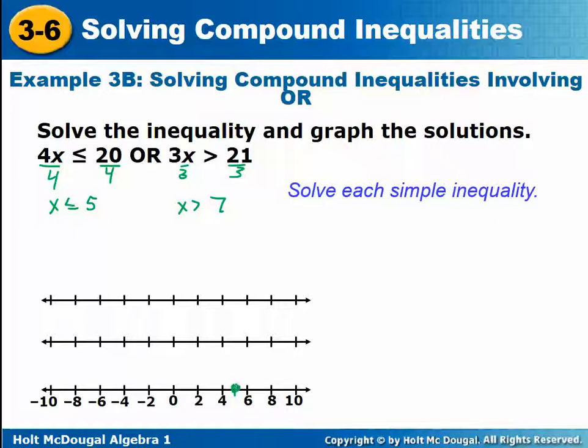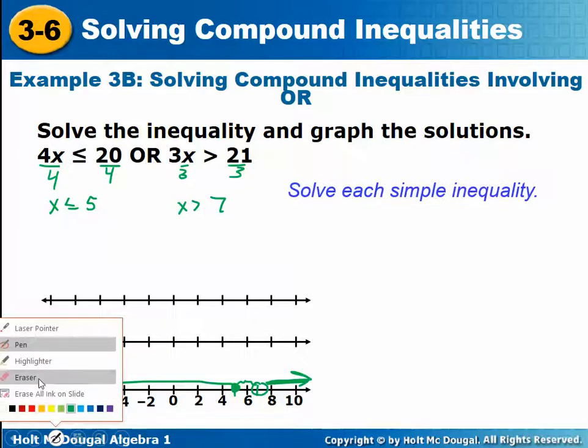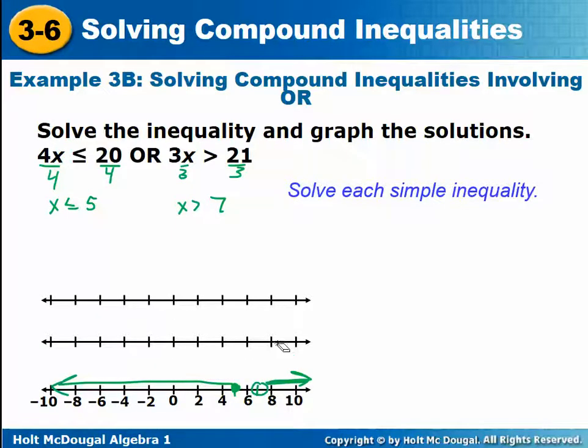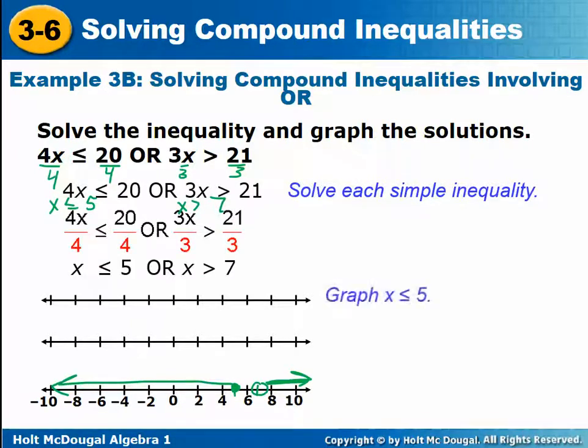That's a solid dot, and we want all the numbers less than that, so that would go this way. x is greater than 7 would be an open circle, and we want all the numbers larger than that. So there's a few numbers in between that we would not be including in our graph. You can see, and that's what your graph would look like. So you solve each part, and then you put the graphs of each on the same number line.